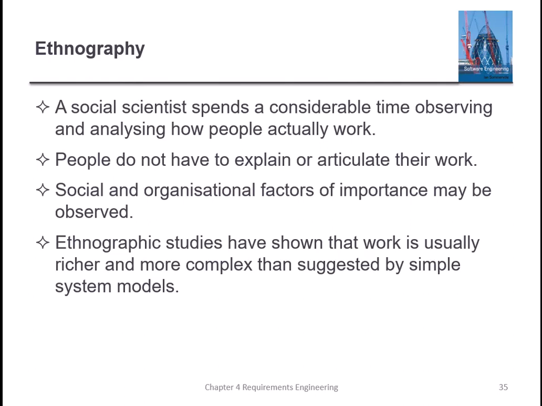So you go, you observe their culture of dealing and their work, etc. People do not have to explain and articulate their work; rather you observe from their actions, from their way of thinking and way of doing something. Social and organizational factors of importance may be observed. Ethnographic studies have shown that work is usually richer and more complex than suggested by simple system models.